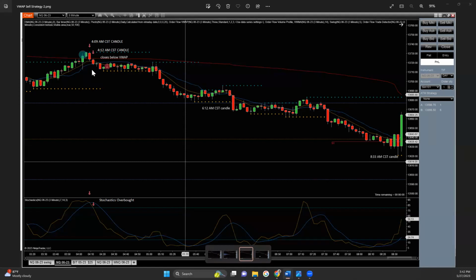So about 2 hours into this trade to the downside, it would have netted you about $1,000 with one contract, or $2,000 with two contracts on a 50-point move to the downside, considering you exited the trade at 6:12 a.m. Central Standard Time.